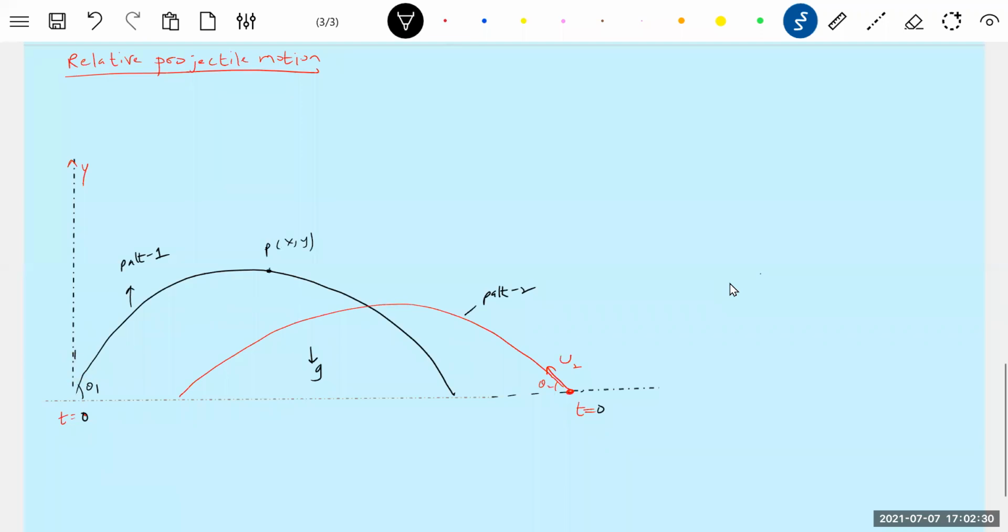So after some time t, the projectile will be here. At t equals 0, the second stone is here. Then after some time t, the second stone will be here, and the first stone will be here.